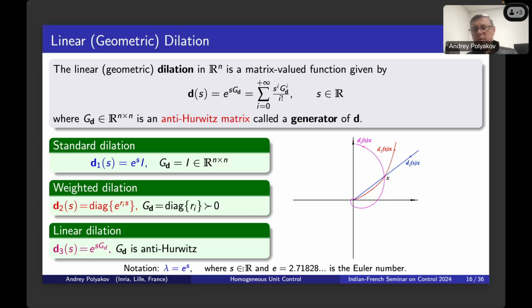Absolutely the same story, the same definitions, and in fact, we have even the same type of symmetries of solutions and so on. So we have many similar properties to the standard dilation, and even more: in my book you can find a coordinate transformation which transforms any system homogeneous in the sense of linear dilation to a standard homogeneous system. So they all are equivalent.